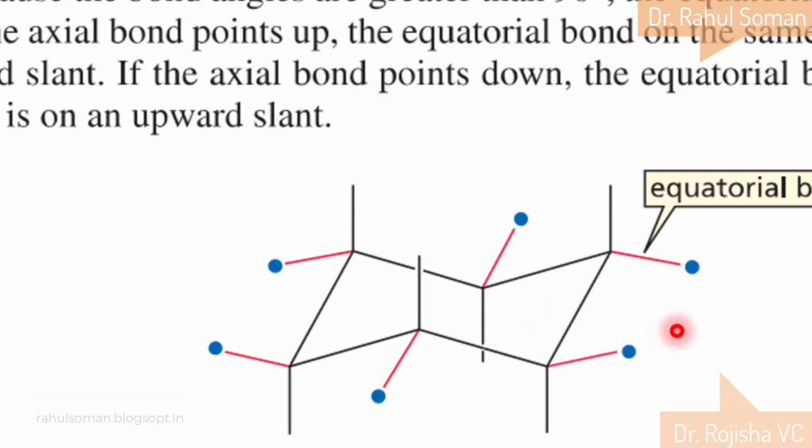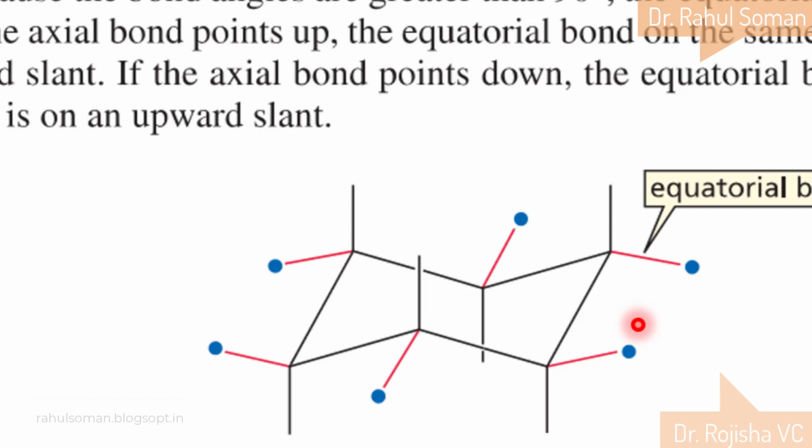We can't draw it just perpendicular to the axial bond. The picture should convey that the bond angle is more than 90 degrees, because 90 we can exactly locate, less than 90 also we can exactly understand, but just above 90 means 109 or something, that we have to understand.